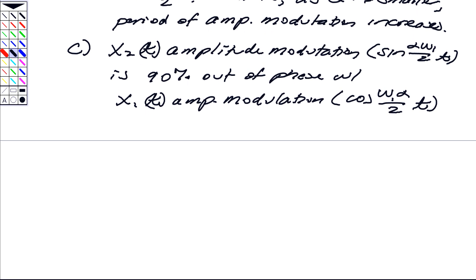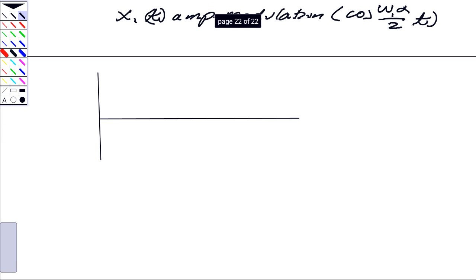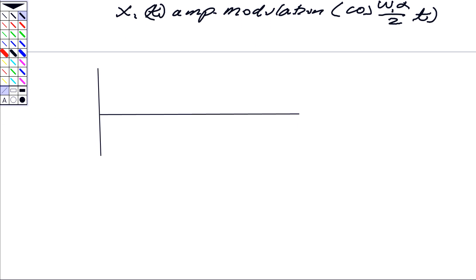Well, let's make a sketch of x1 and x2. I'm going to draw x1 axes right here. And right underneath it, I'm going to draw x2. And what I'm going to show here in blue is going to be the amplitude modulation. So this is x1, this is x2. The amplitude modulation, recall, went as cosine.